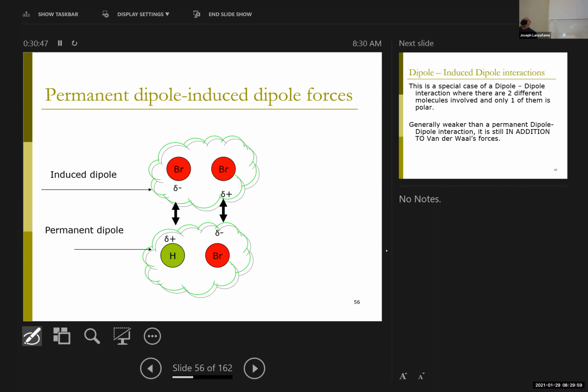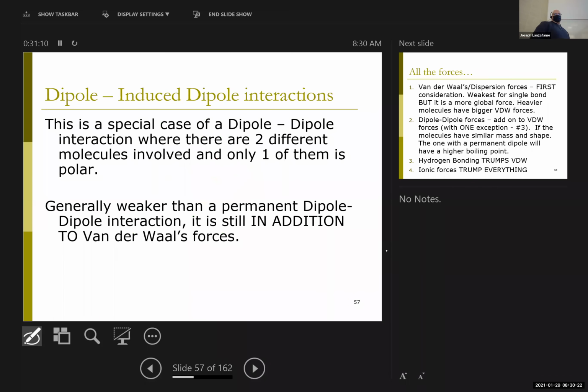So instead of just a van der Waals force or just a dipole-dipole interaction, I can have a dipole-induced dipole interaction. I could have an ionic dipole interaction, or even an ionic induced dipole. So if I mix molecules, I could also mix the forces. Although for the most part, we'll stick to pure substances, at least for a while.